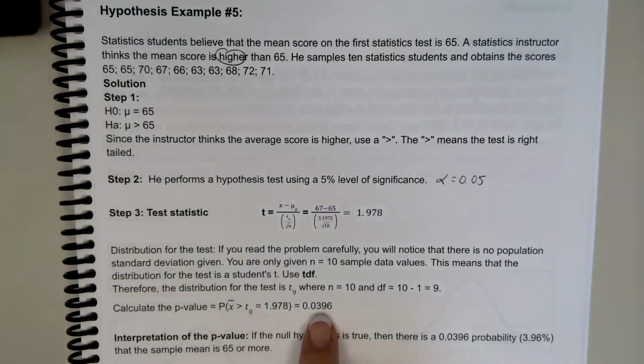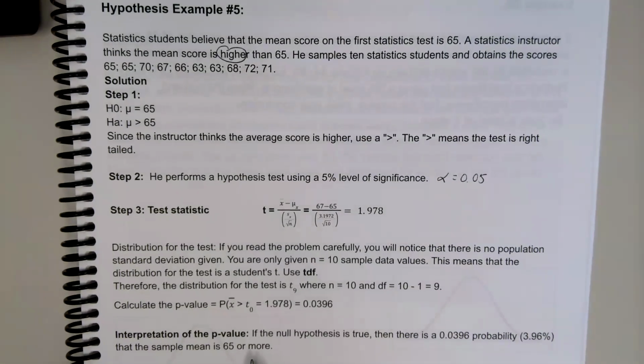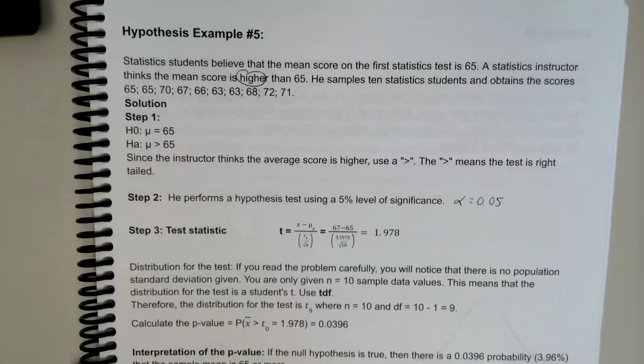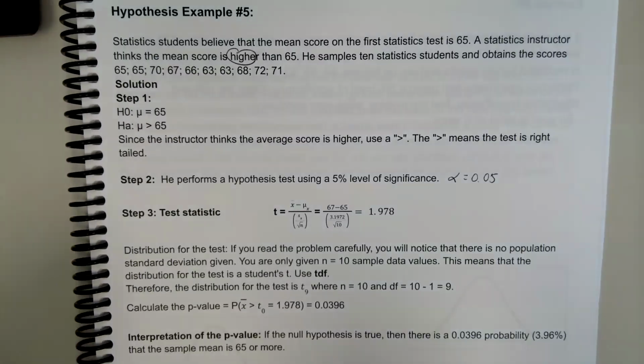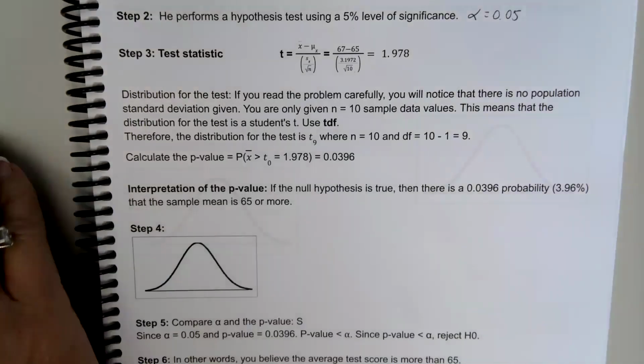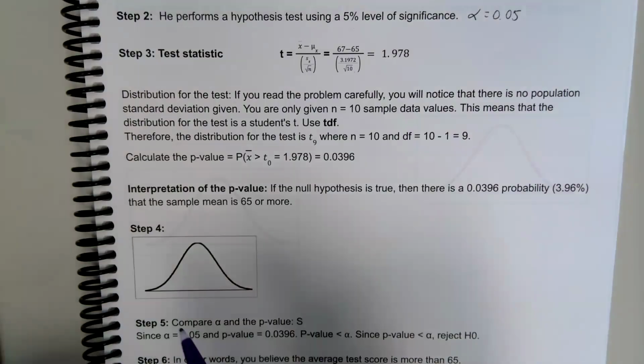That probability is 0.0396. Okay. So, interpretation of the p-value. If the null hypothesis is true, then there is a 3.96% probability that the sample mean is 65 or more. So not very high. Definitely less than 5%. Step 4 asks us to draw a picture of our scenario.